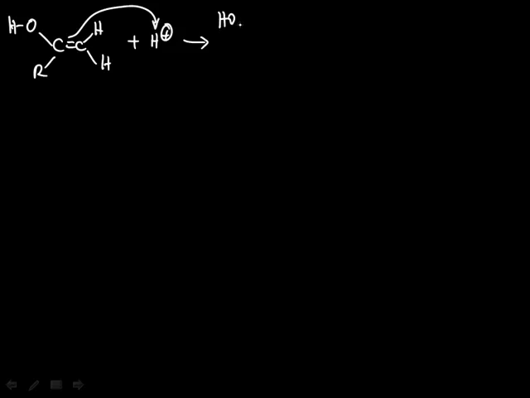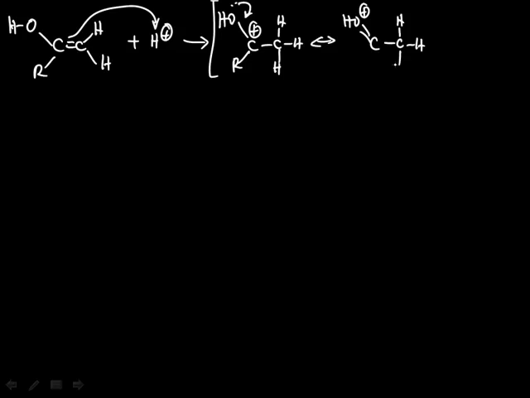And so now we're getting a cation, which looks like this, and the oxygen lone pair can form another resonance structure here. We have HO plus, C, H, and R here.